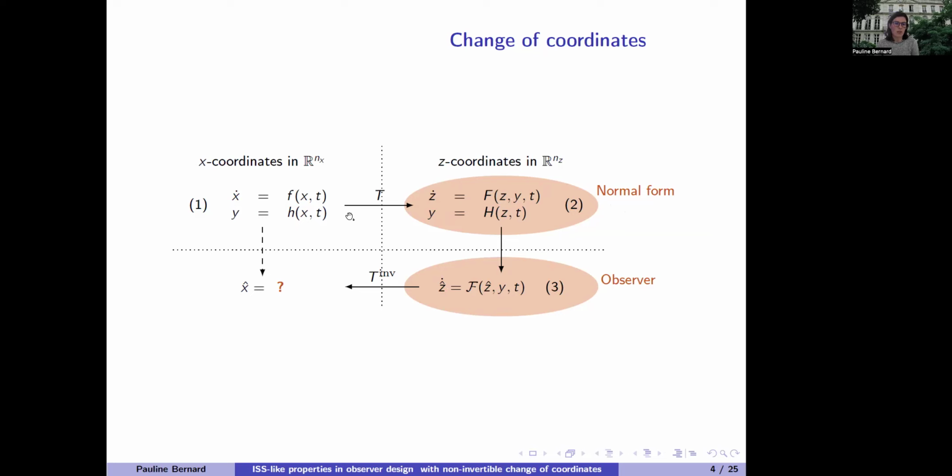Then under some observability condition, you're going to be able to have an invertible transformation, and so you invert this change of coordinates to come back and produce an estimate x hat. Most of the literature is dedicated to what kind of normal forms we know for which we know an observer, and which conditions allow us to transform our system into those normal forms.